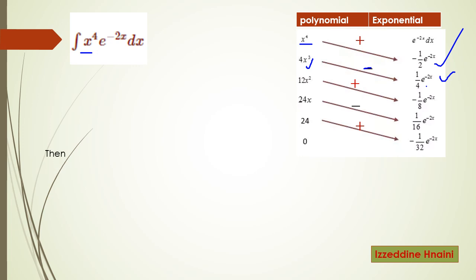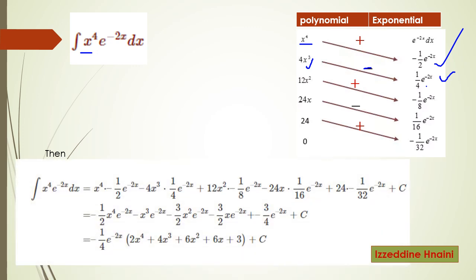Then the result is, the antiderivative of x power 4 e power minus 2x is x power 4 times minus half e power minus 2x, minus 4x cubed times 1 over 4 e power minus 2x, plus 12x squared multiplied by minus 1 over 8 e power minus 2x, then 24 times 1 over 16 e power minus 2x, and we have before it minus, then 24 times minus 1 over 32 e power minus 2x.